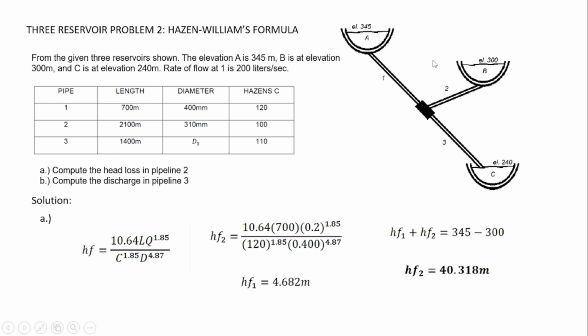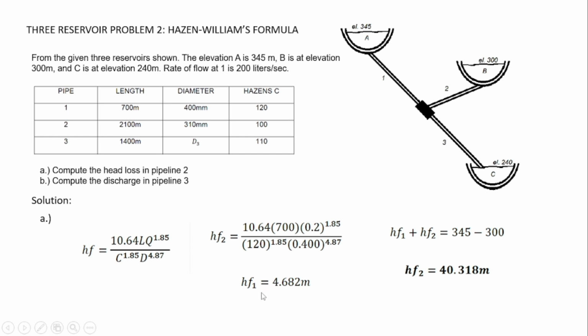Since we don't know the direction of flow in the middle reservoir, we are going to assume that the direction of flow is towards reservoir B. Therefore, the elevation of piezometer reading should be between the elevation of reservoir A and reservoir B. So we can say that the elevation of reservoir A minus the elevation of reservoir B is equal to major head loss 1 plus major head loss 2.